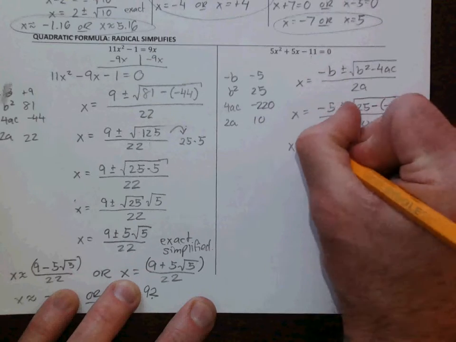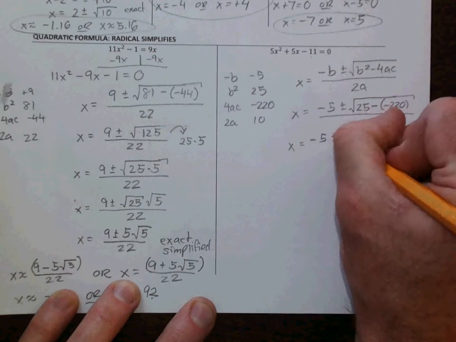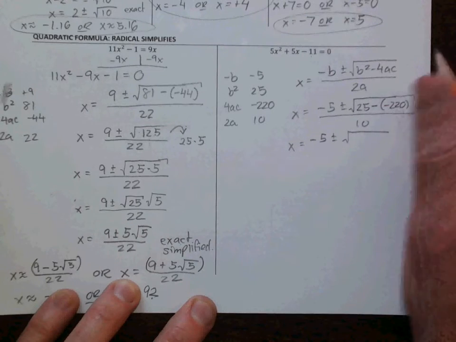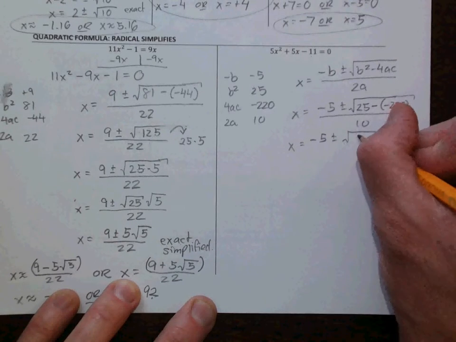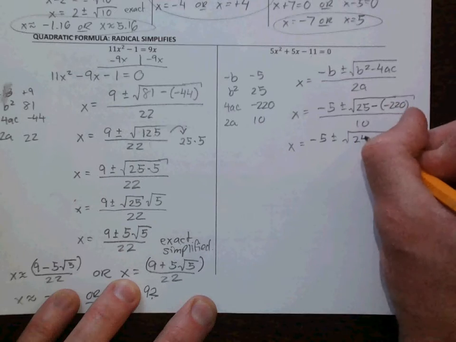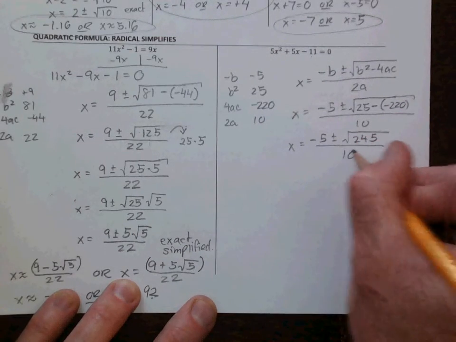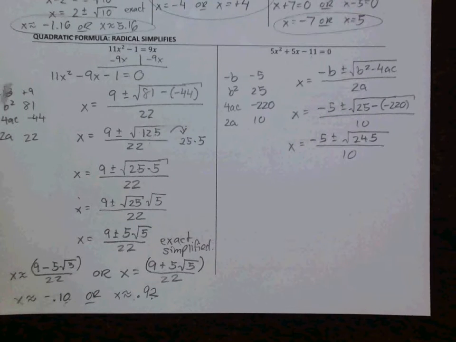X is equal to negative 5 plus or minus the square root of, that's going to be 245, all over 10. So we need to figure out a perfect square that goes into 245.